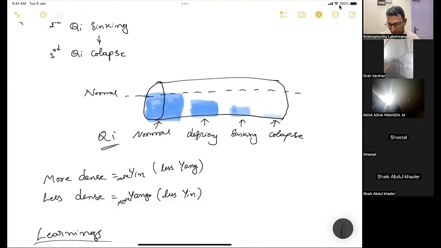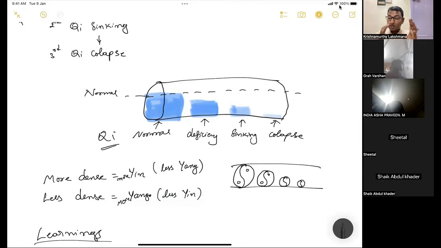See, this is the normal situation as qi, and this is deficiency, and this is sinking, and this is collapsing. The yin yang ratio remains the same.